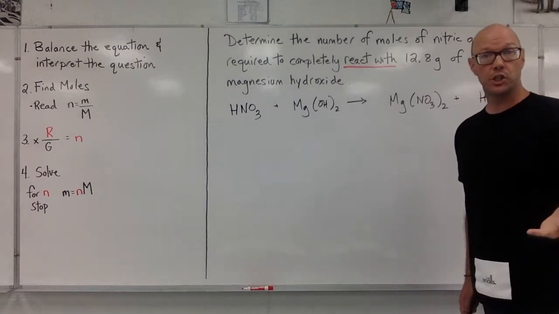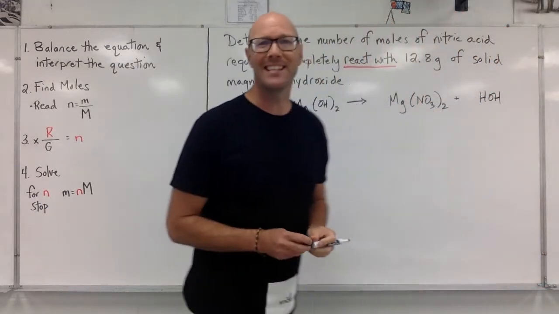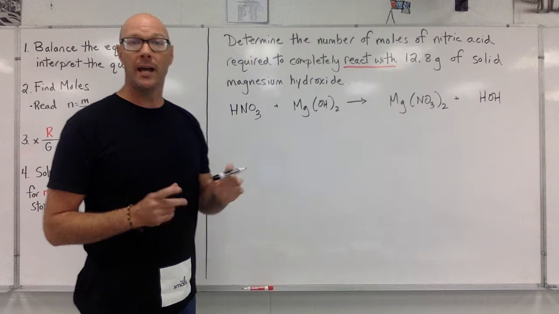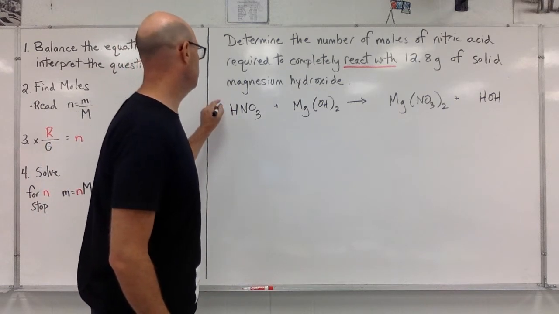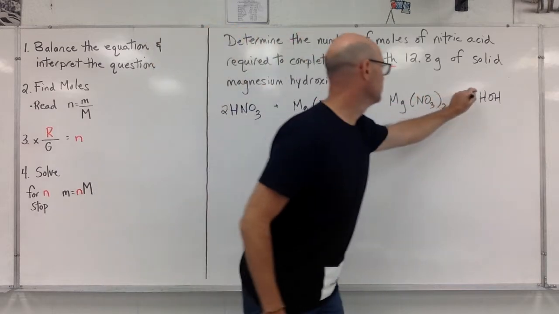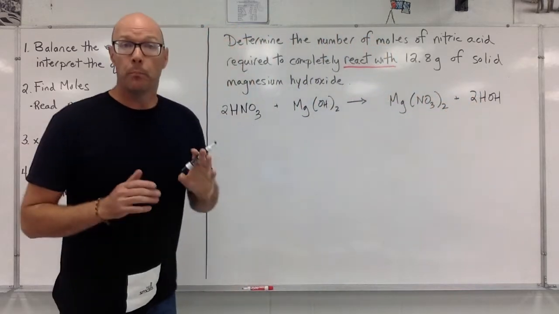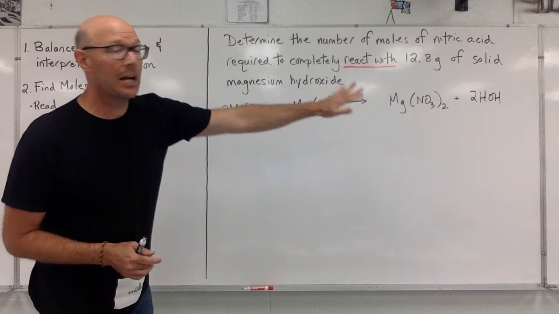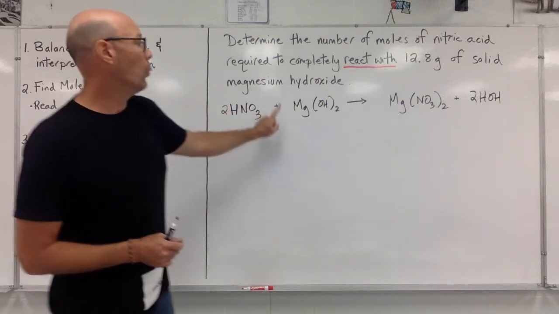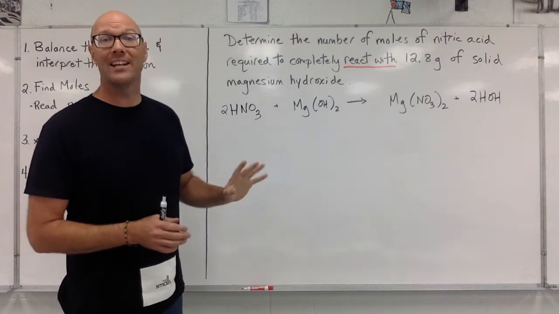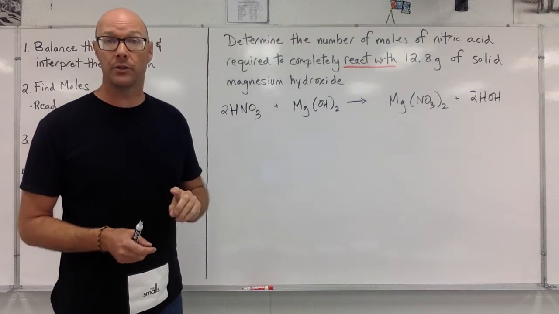We could write that as H2O if we like, or maybe it's easier to keep it as HOH. Now let's balance this reaction. Put those 2's in there. We end up with 2 hydrogens on either side, 2 nitrates on either side, 1 magnesium on either side, and 2 hydroxides on either side.